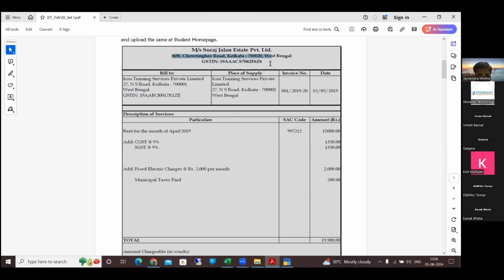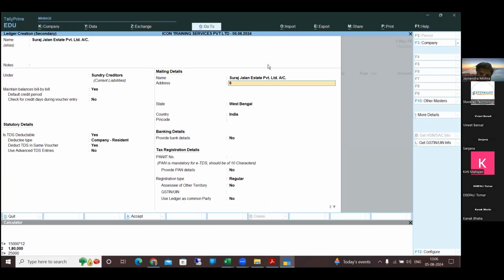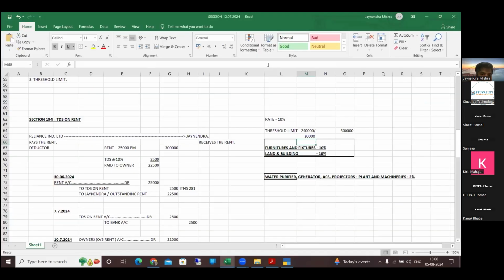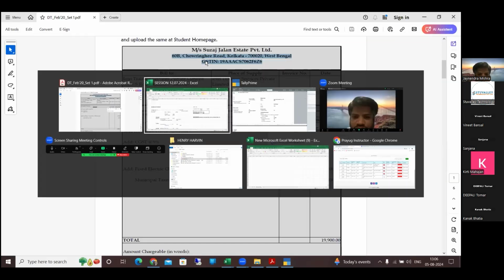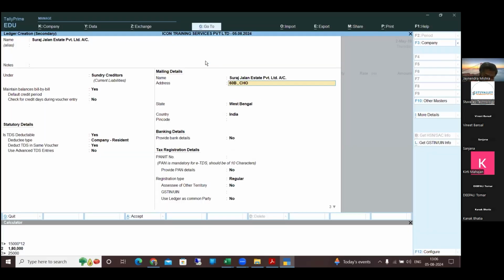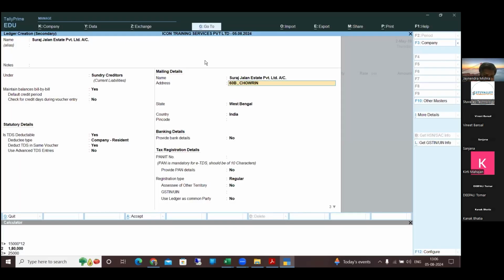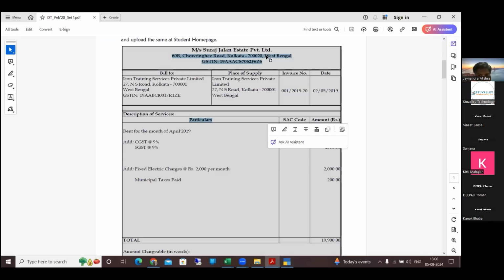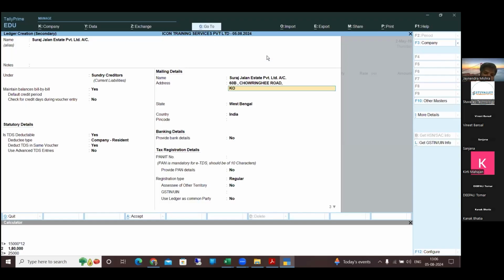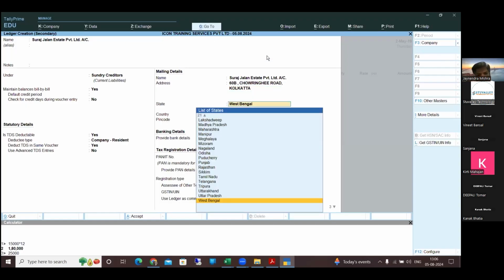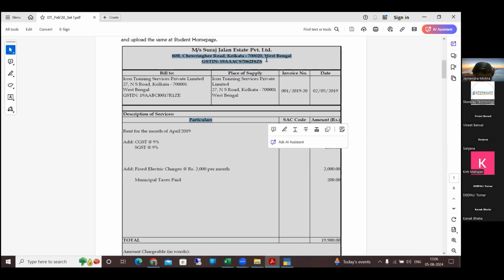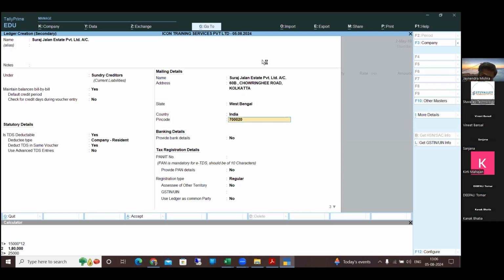Here we have 60B Chaurangi Road, Kolkata, West Bengal. Pin code 70020. Yes.